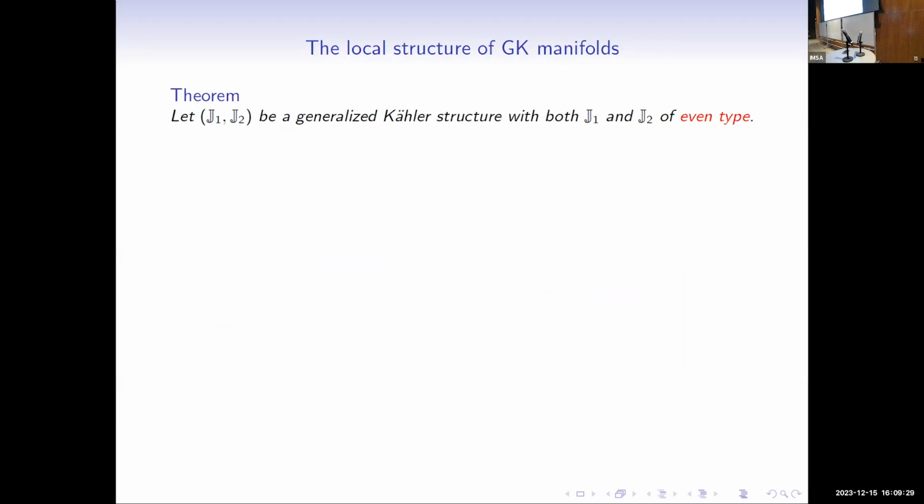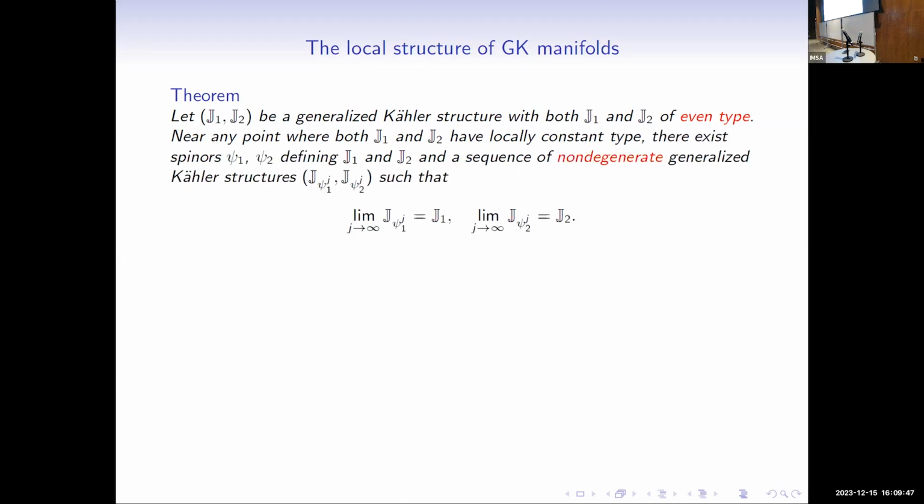So we fix generalized Kähler structures that are both of even type. This is not so important at the moment. Then near any point where they both have locally constant type, and again, we can just think of this as being in the generic locus of the Poisson tensor, not in the degeneracy locus of the Poisson tensor, there exist some closed spinors defining J1 and J2 locally near this point, and then a sequence of non-degenerate generalized Kähler structures which approximate the given one.